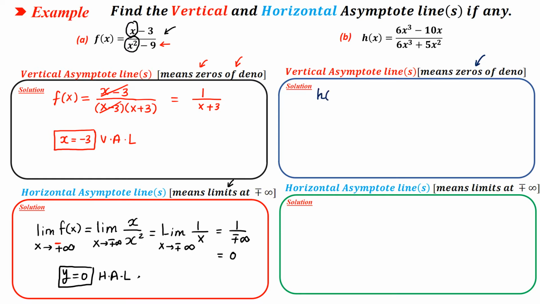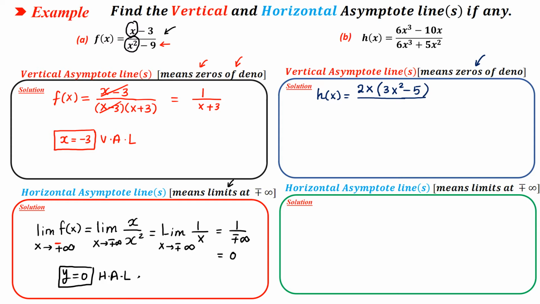So h of x equals, in the numerator we have a greatest common factor which is 2 between the numbers, and between variables we have x as GCF, and you will get 3x squared minus 5, divided by, what about the denominator?